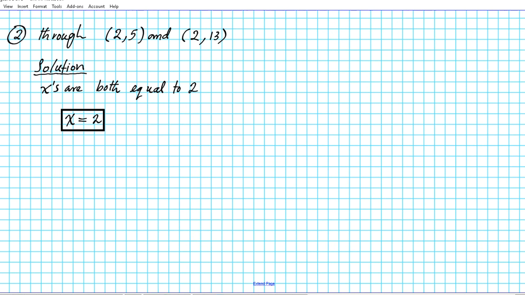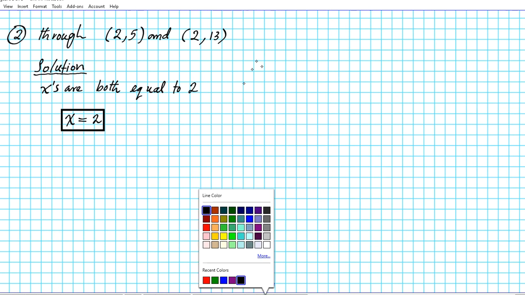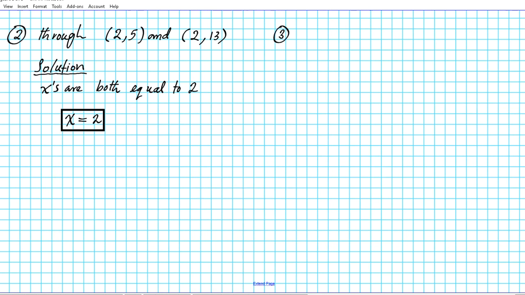Now let's try another example of a special case and see if you can determine what the correct answer is. Let's say we have a line that goes through the points 1/2, 3 and 10, 3. What do you notice in this particular case? If you study the 2 points carefully, what do you notice?